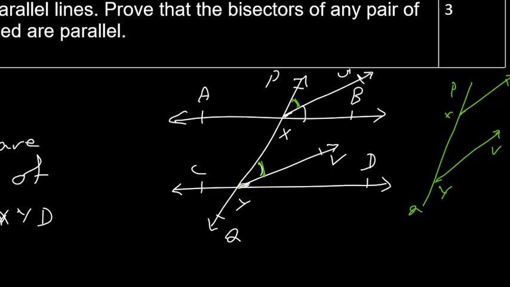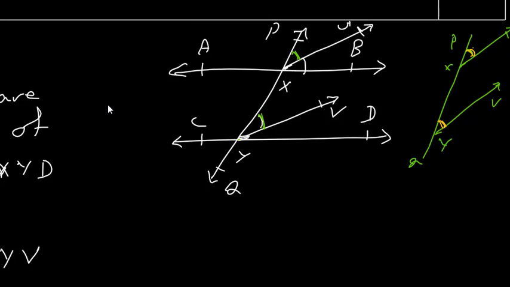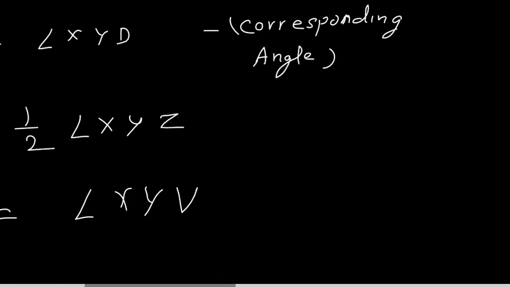Now what we are saying, that this angle and this angle are equal. So these two angles are corresponding angles for the lines XU and YV. Corresponding angles are equal. So when corresponding angles are equal, lines are parallel, that means XU and YV are parallel. So that we have to mention.